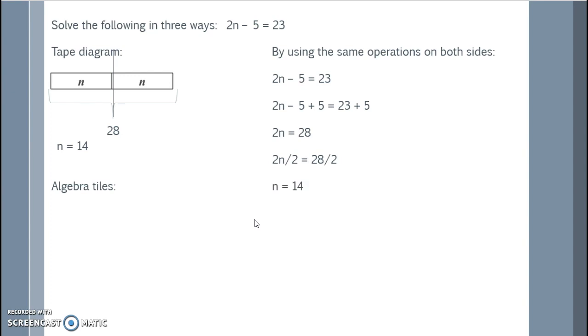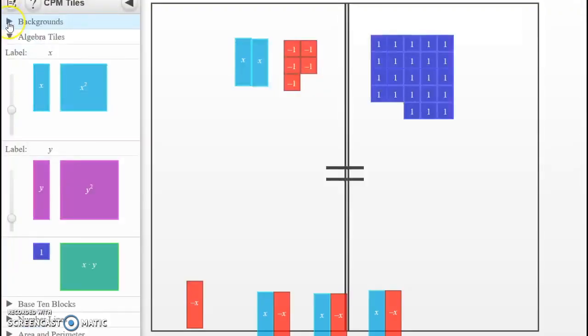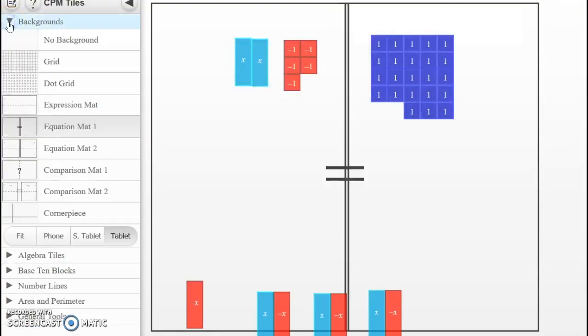So let's use algebra tiles. All right, so I've kind of got it set up for us here. For my background, I chose the equation mat, completely your choice if you want to use it or not. I just thought it'd help us kind of keep things separate. So I have 2n or 2x minus 5 equals 23 over here. So what I need to do now is get our x's here by itself.